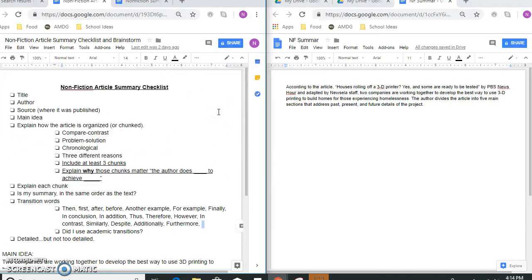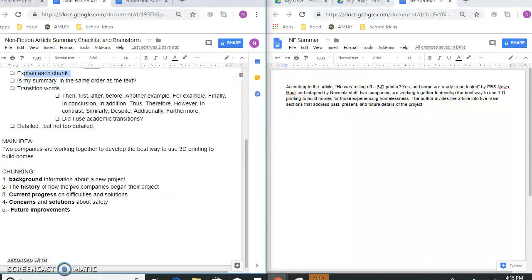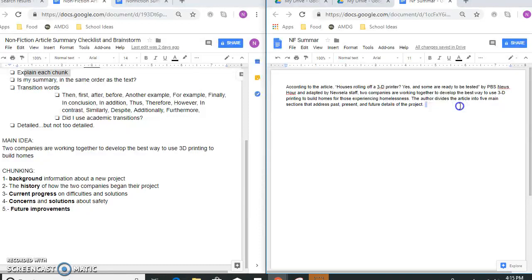Now that I've identified how the author has generally organized the article, now I actually need to explain each chunk in more depth. I'm going to be more specific than when we brainstormed before, because if I just said there's background information about a new project, an unknowing reader wouldn't understand the text. So I need to be more specific.